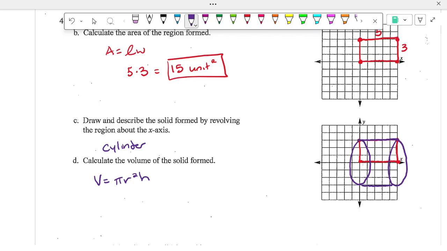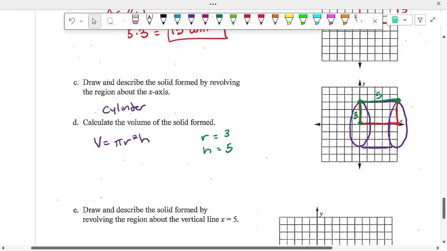All right. So I need the radius and I need the height. What's the radius of this cylinder? 3. It's from here to here. That's 3. What's the height? 5. Here to here. It's 5. Plug it in and find it.